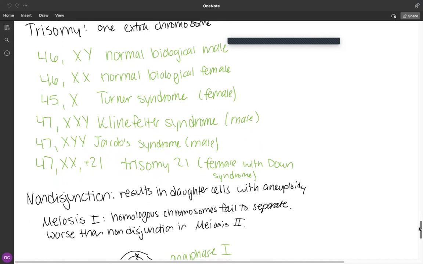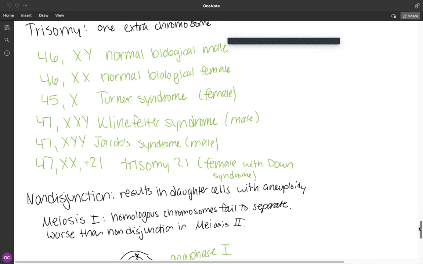So 46, XY is a normal biological male. 46, XX is a normal biological female. Then you need to know Turner syndrome, Klinefelter syndrome, Jacob syndrome, and Down syndrome. Turner syndrome is when the individual only has one X chromosome.